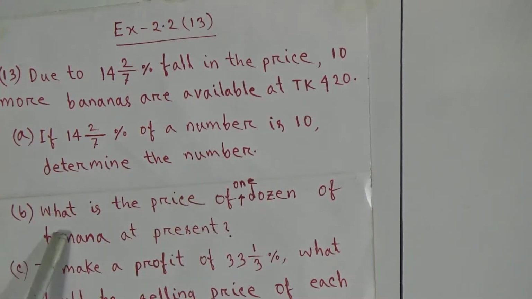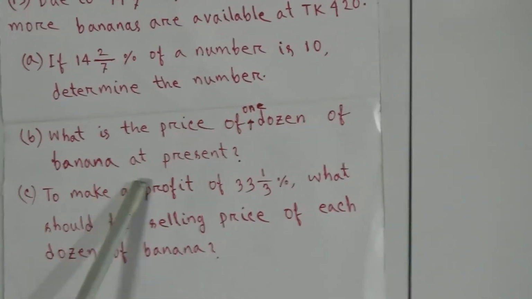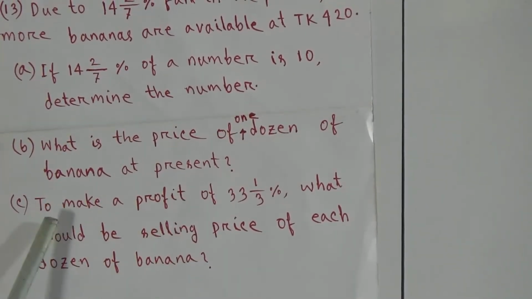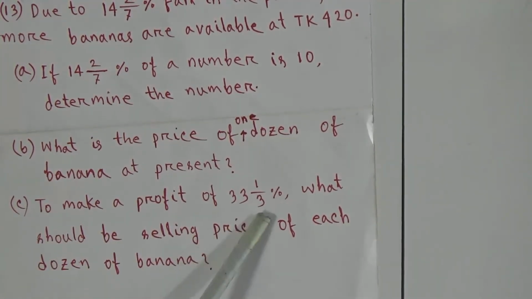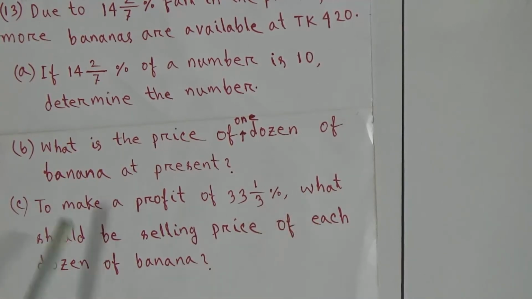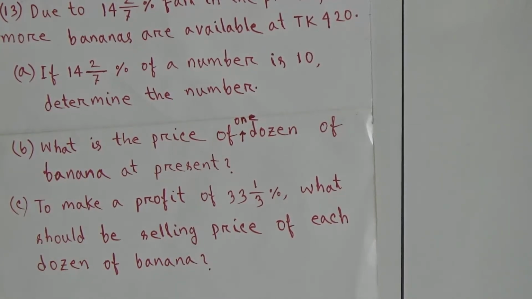B number question: what is the price of 1 dozen of banana at present? And C number question: to make a profit of 33 whole 1/3%, what should be the selling price of each dozen of banana? Okay, dear students, at first we will solve A number.